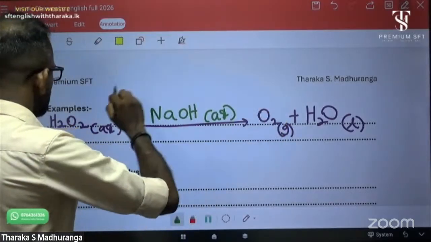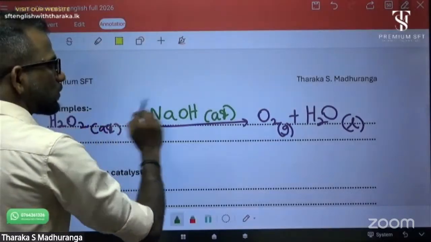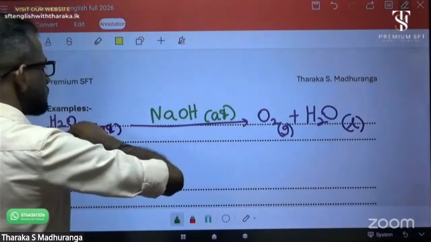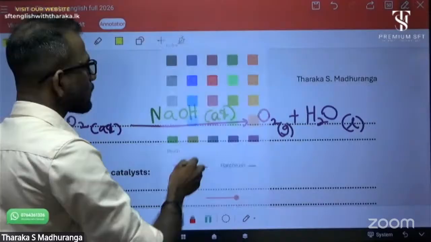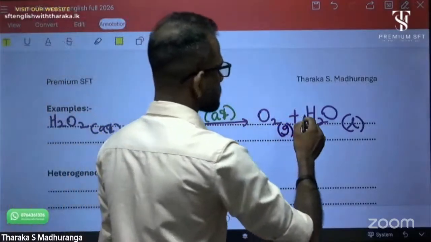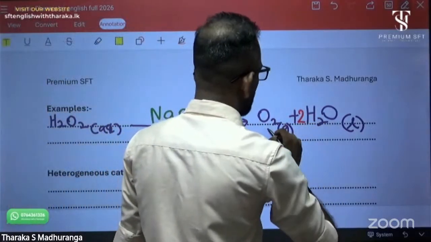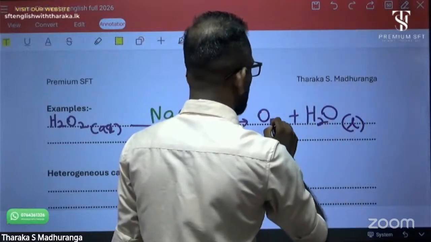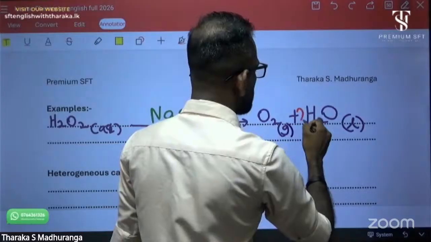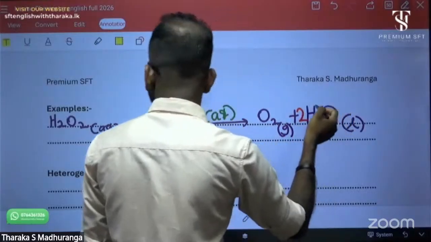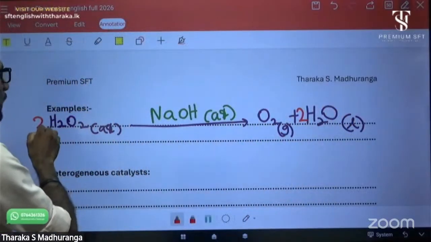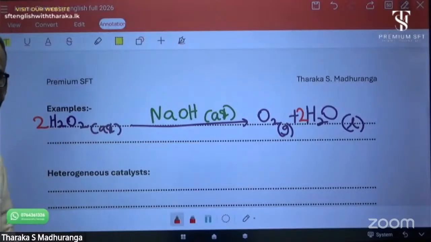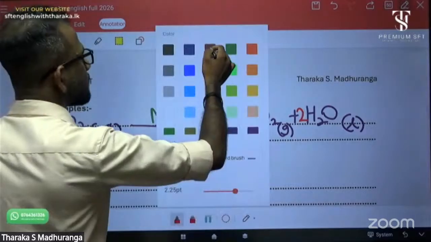Oxygen 3, oxygen 2. You have to add 2, and oxygen 4. Oxygen 4, hydrogen 4 are now balanced. Okay, second example.